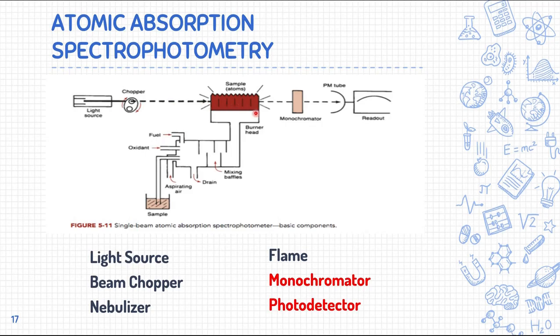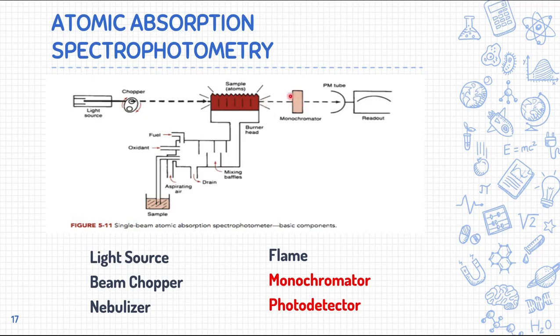So what we want is to discriminate the light coming from the sample and the light coming from your flame. So how do we do that? The monochromator and your photodetector, your photomultiplier tube, are programmed only to detect and only to measure the pulsating light or the pulses coming from your atoms.